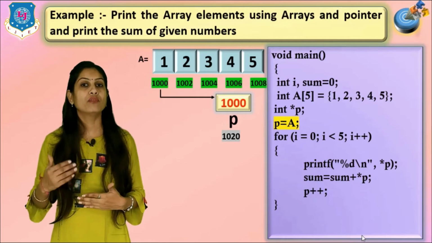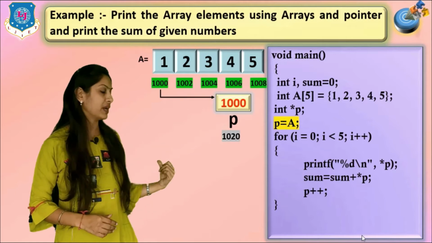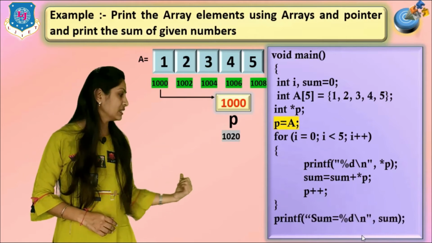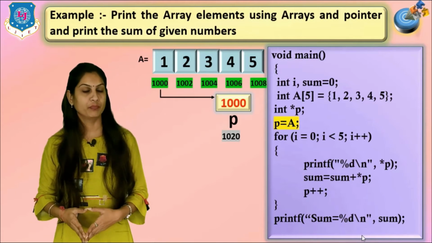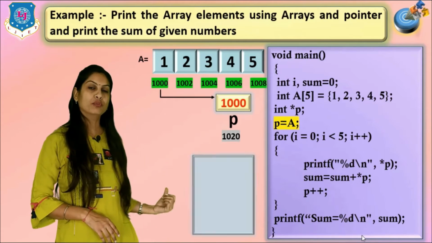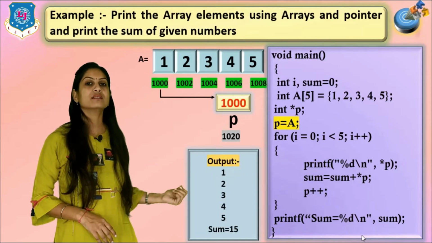Likewise it performs for all the values 1, 2, 3, 4 and 5, and finally prints the sum using the last printf, sum equals %d comma sum. So here I am finding the output, that is 5 different elements 1, 2, 3, 4, 5, and then the sum is 15.